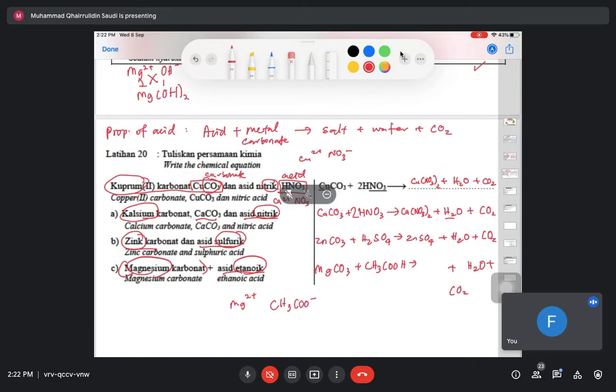So Mg(CH3COO)2. Balanced? Not yet. So 2 here. Now it's balanced. 2H, it's balanced. Okay? Do you have any more questions?